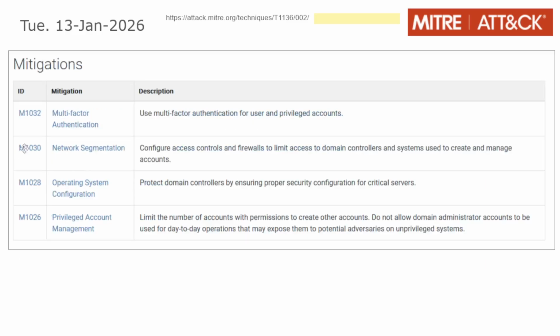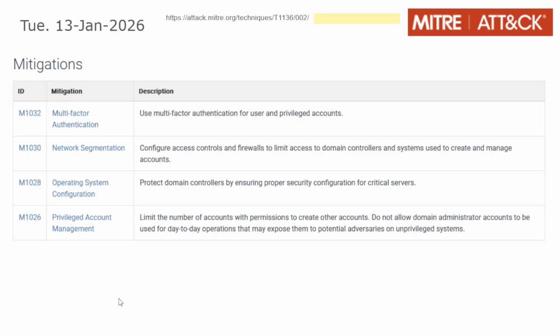Then mitigations. So we had multi-factor authentication in the last two, in create account and then local account, and here it's the same thing. So domain accounts can be secured with MFA as well. Then network segmentation. Yes, so make sure that your domain controller where you are creating domain accounts is in such a part of your network that it's not easily reachable.